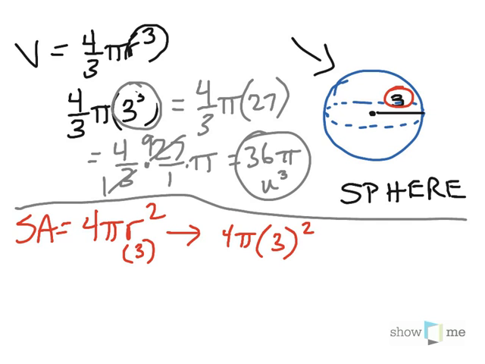And I would say the only thing you really got to watch out for is that you only square the 3 and then multiply it in. Don't multiply everything together first and then square the whole result. That makes a completely different scenario. So this would become 4 times pi times 9, which once again gives us 36 pi, and in this case it's units squared.